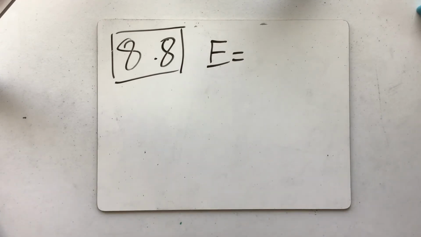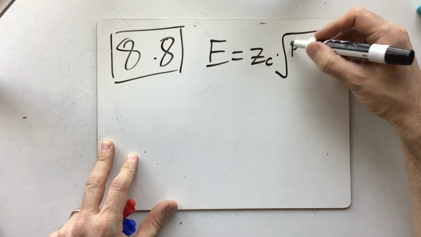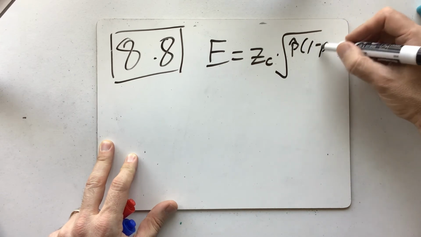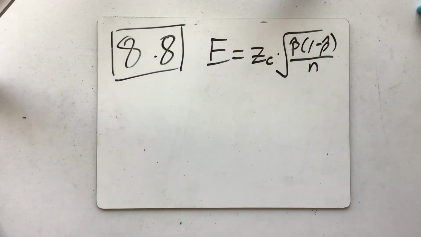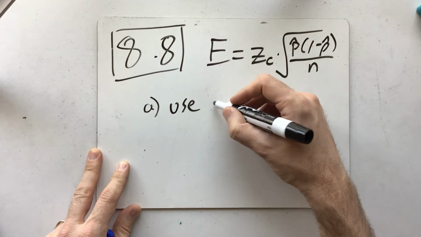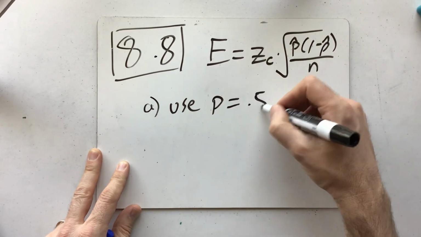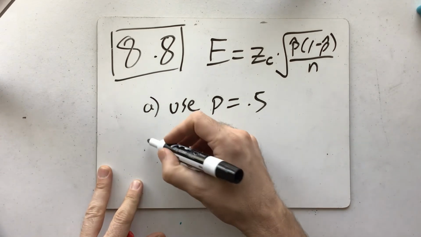So we have that our error term is z_c times the square root of p hat times 1 minus p hat over n. But the problem with doing this is we don't know what p hat is. So on part A, we use p equal to 0.5. If you're not sure about what to do with these problems, you set the average equal to 50%.